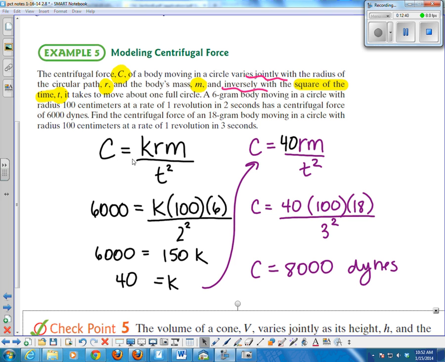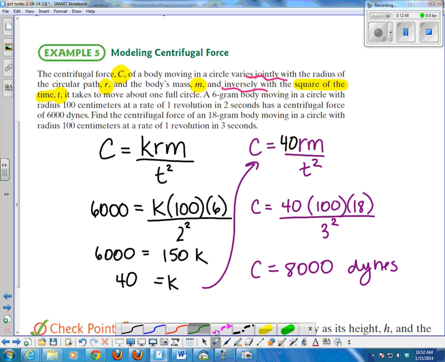So the first thing you're going to do is plug in the variables that you do know in order to find the constant of proportionality, okay? So a 6 gram, let's underline this, 6 gram body, okay, that's the mass, so that goes here. Moving in a circle with a radius of 100 centimeters, that goes here. At a rate of 1 revolution in 2 seconds.